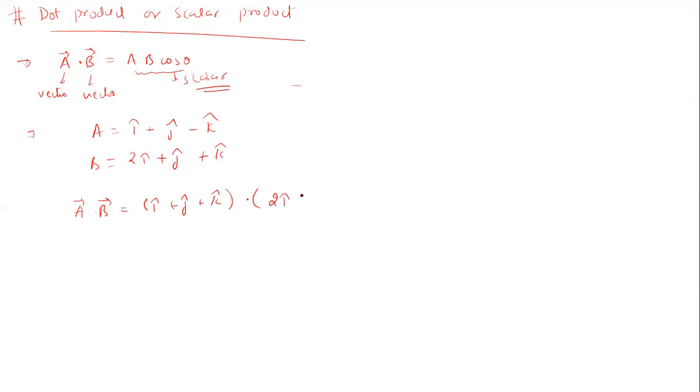In dot product you have to multiply i with i, j with j, and k with k. 1 into 2 is 2, 1 into 1 is 1, minus 1 into 1 is minus 1, so we are getting the answer as 2. That is the dot product.